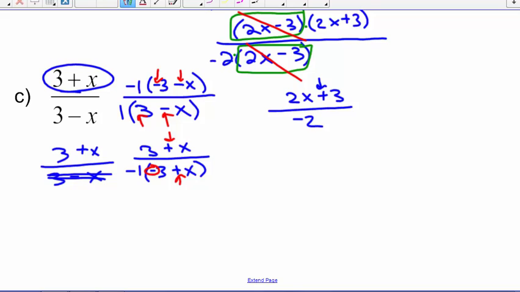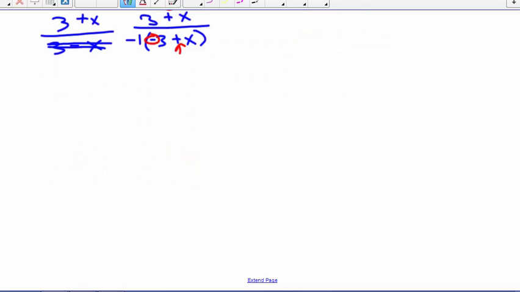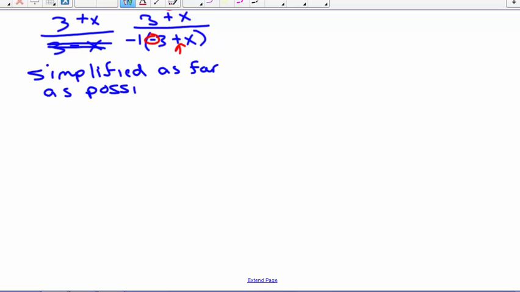So I really can't get it to be the same. So at this point, there's nothing else I can do. I can't just cross out the 3's. I can't cross out the x's. So we say it's simplified as far as possible. There's no other simplification that I can do in this problem.